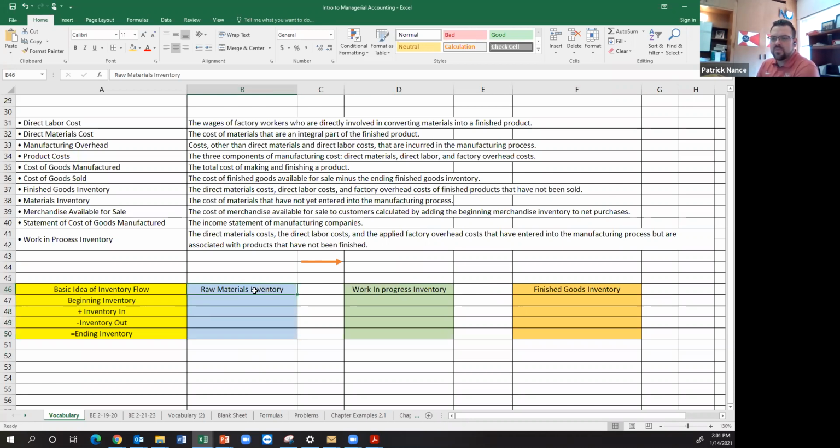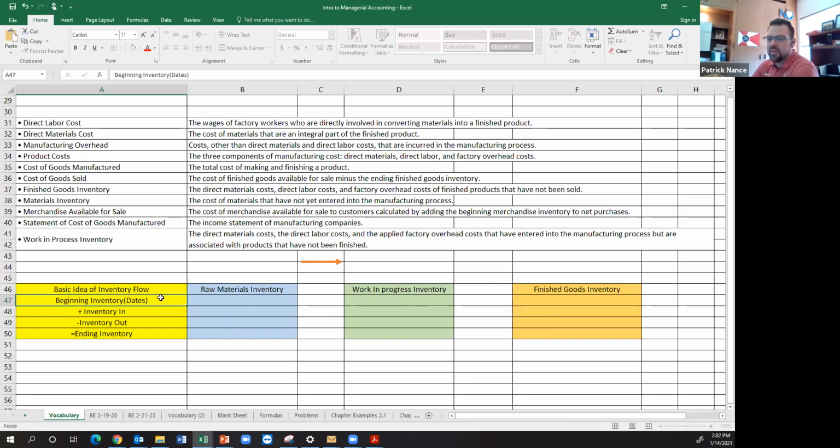How inventory moves is as we buy inventory, and then we move over into our second category of inventory by requisitioning that inventory. So there's an inventory flow that happens on every single one of these three inventory types. The basic idea of our inventory flow is that we have a beginning inventory, so what we started with. And you'll notice that a lot of times in the book this is represented by date.